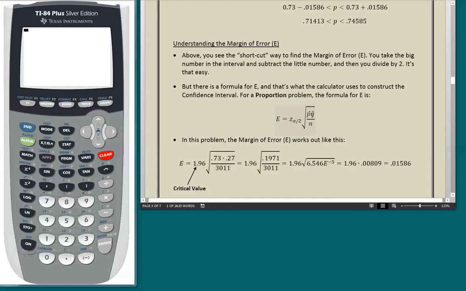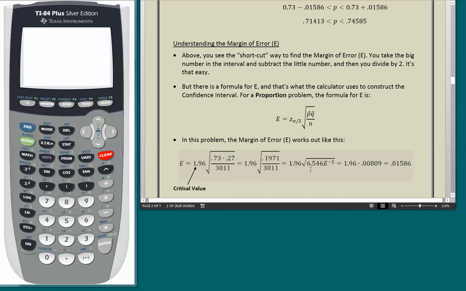Q hat, as I said, is 1 minus P hat, so 1 minus 0.73 is 0.27. N is 3011, and now we're just doing the math. This equals 1.96 times 0.1971, which is simply this times this, still over 3011.